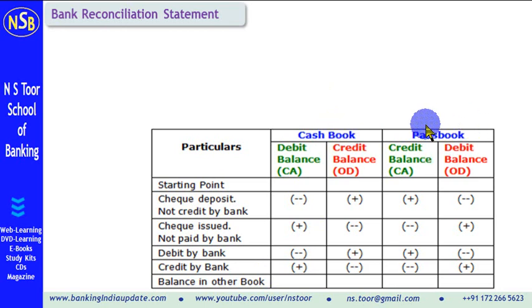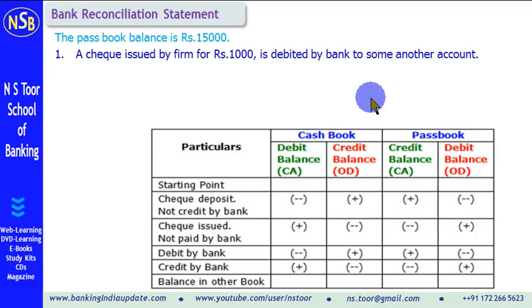We are supposed to find out what is balance in passbook, or when balance in passbook is given, we are supposed to find out what is balance in cash book. Now with this background, we shall take up a case study question, and then based on that case study question, we will try to understand the reconciliation statement preparation in much better manner.